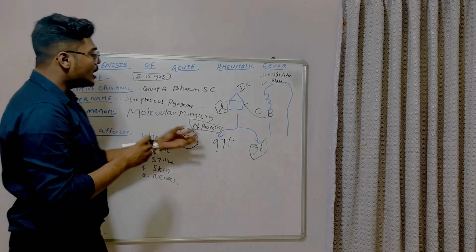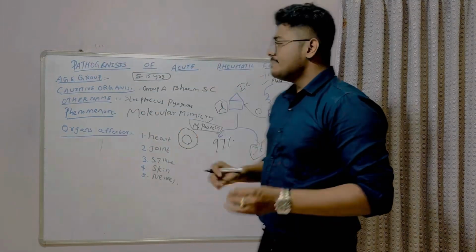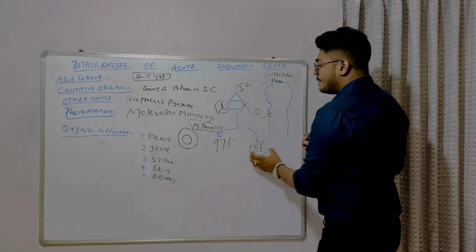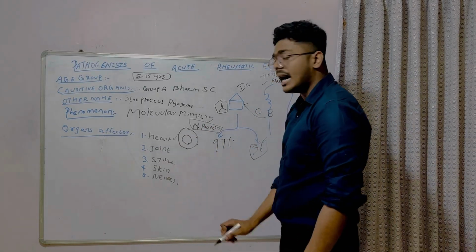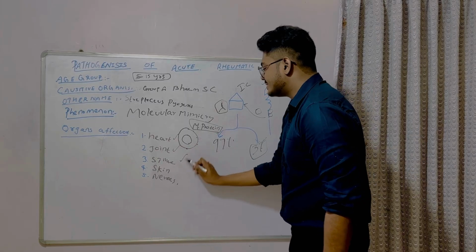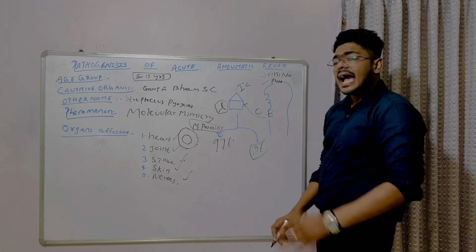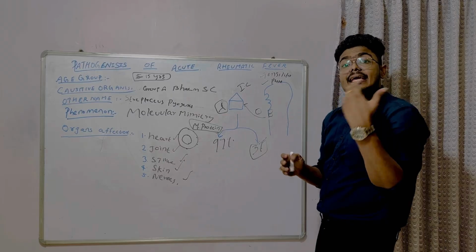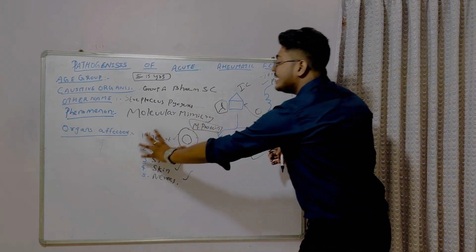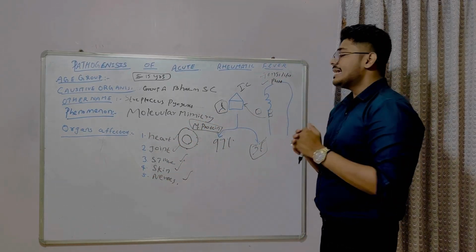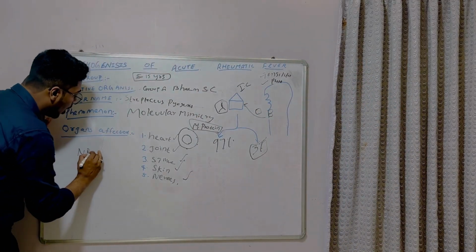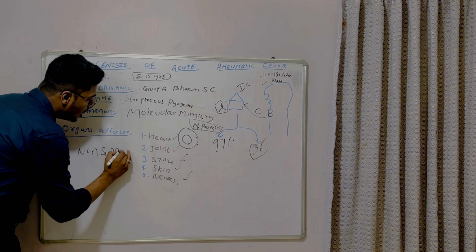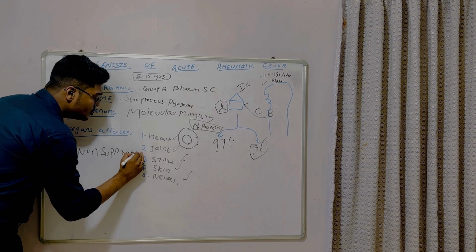Now, the antibodies produced against the Streptococcus pyogenes are going to also affect the tissues of heart, joint, subcutaneous tissue, skin and nerves, and will be producing multi-system damage, and that is going to be non-suppurative. What is non-suppurative?